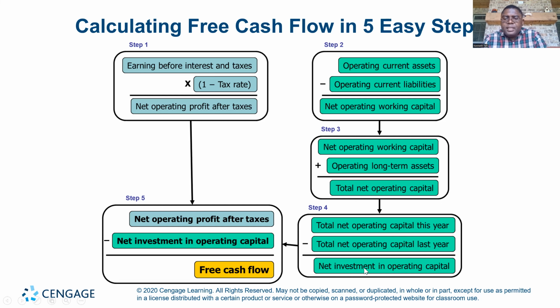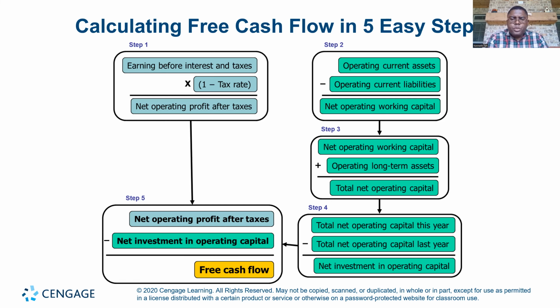We use that with what was generated in step 1. In step 1, we had the net operating profit after taxes. We take that and subtract the net investment in operating capital that comes from step 4. And that is how we compute the free cash flow for the company.